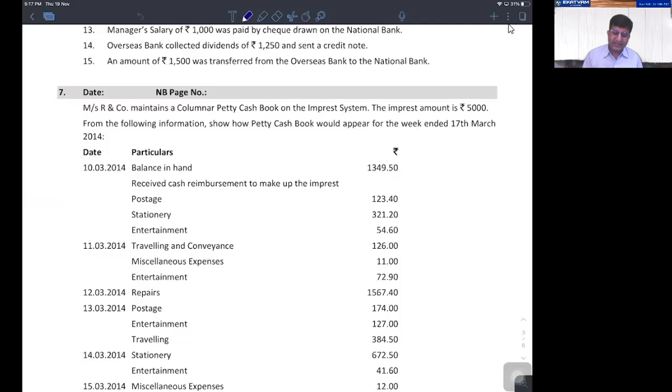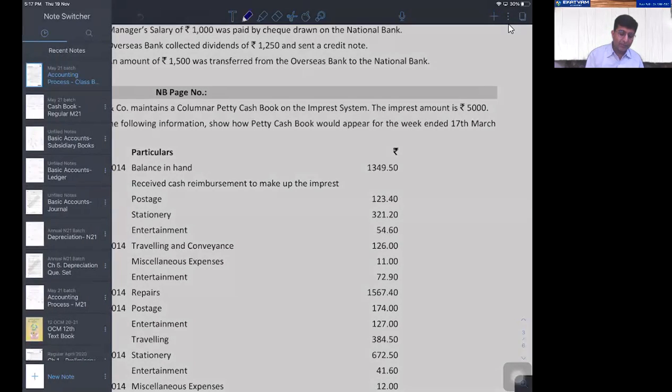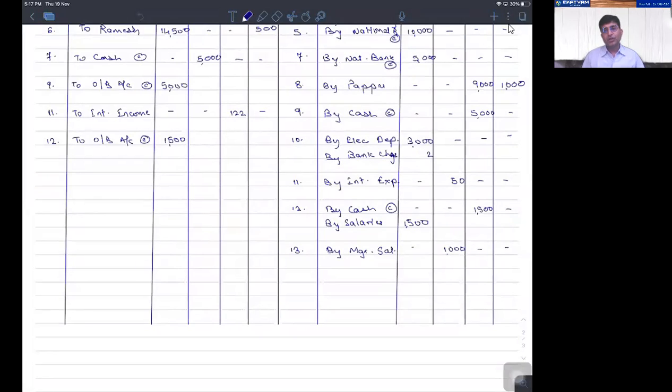Overseas bank collected dividend of rupees 1,250 and sent a credit note. Overseas bank collected the money on your behalf in the form of dividend. Dividend is our income. And against that they sent you a credit note, meaning an intimation that they have collected the money and credited it to your account. So it's my income. So I'll pass the entry for that.